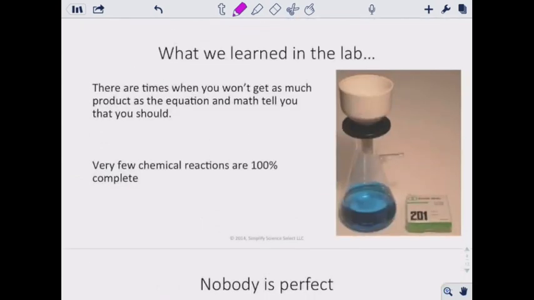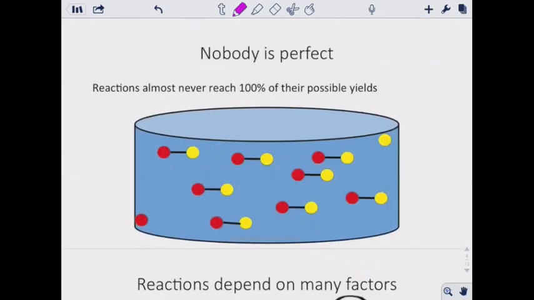What we learned in the lab: there are times when you won't get as much product as the equation and math tells you that you should. Very few chemical reactions are 100% complete. Normally we're going to get close, but we're not going to get 100% on every single one, and some are far less than that. So nobody's perfect.